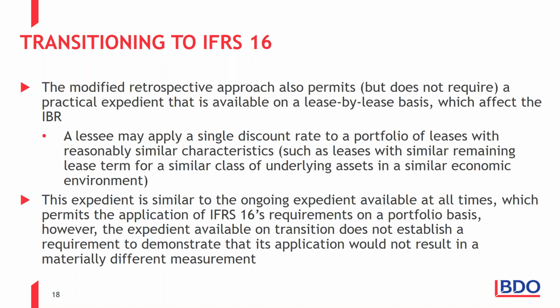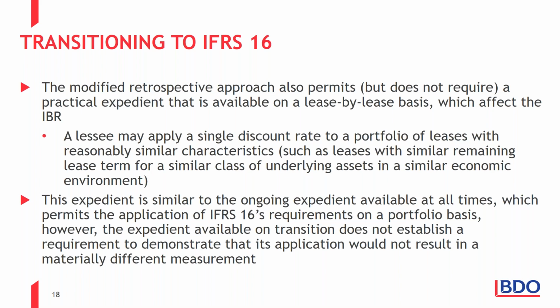So when transitioning to IFRS 16, there is this opportunity to use this practical expedient. And it's fairly easy to use the practical expedient because you only have to say, listen, I'm using this single discount rate for the portfolio because it's reasonably similar.